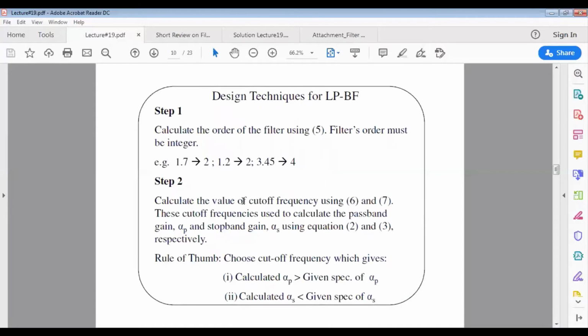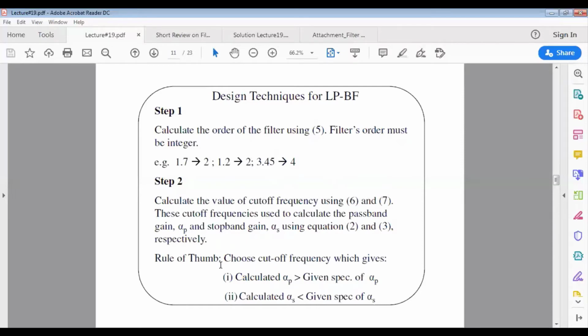Okay, number 2, once you have the filter order N, you are going to calculate the value of the cutoff frequency using equation 6 and equation 7. These cutoff frequencies will be used to calculate the passband gain alpha P and the stop band gain alpha S using equations 2 and 3 respectively.